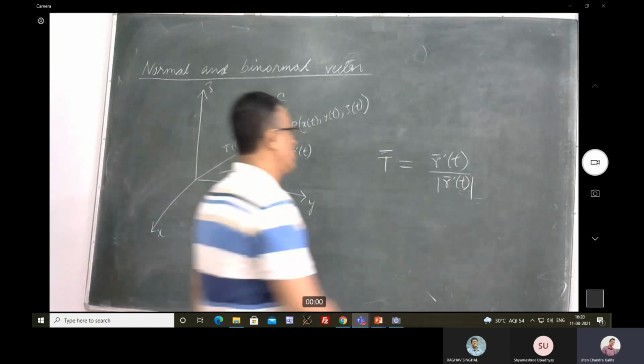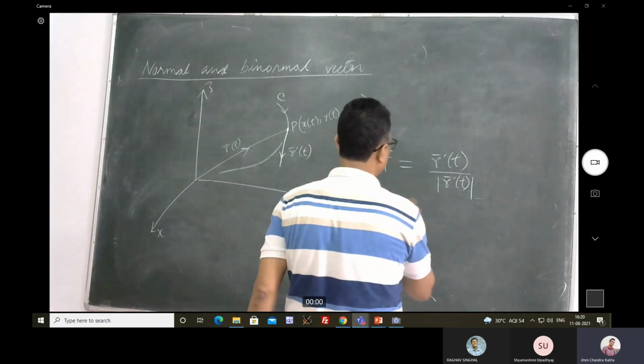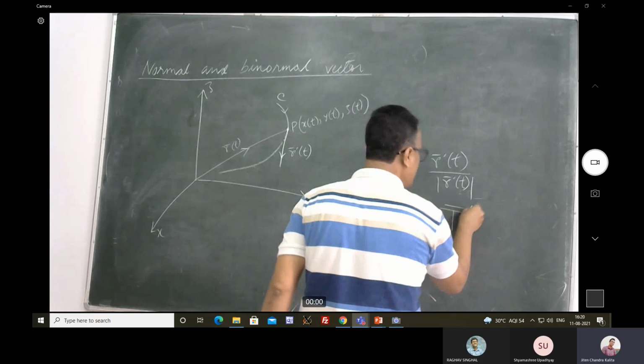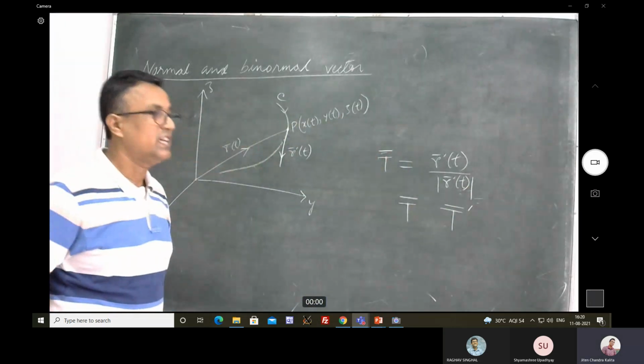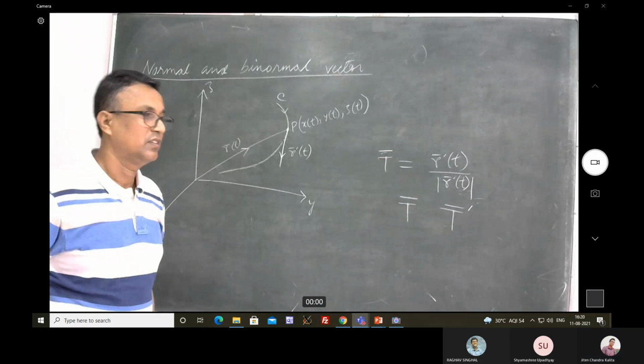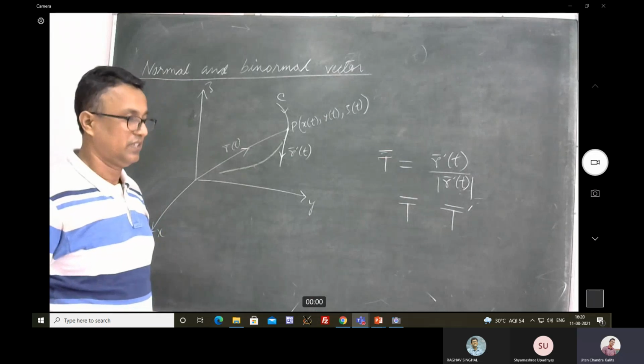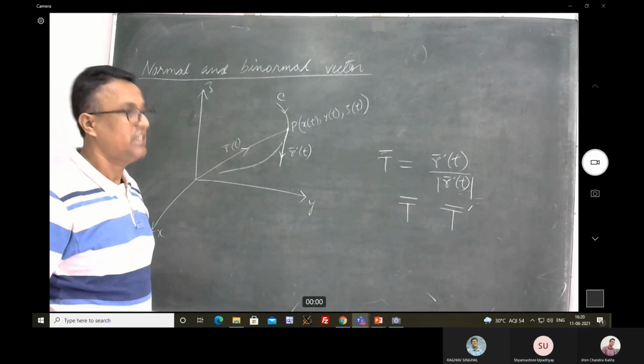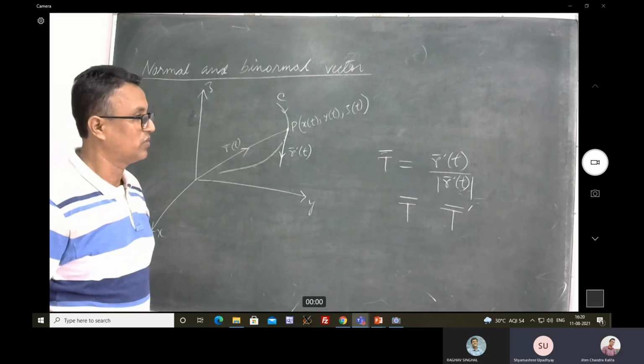And we have already found out that T and T prime are perpendicular to each other, because T has unit length. This we have already found out.